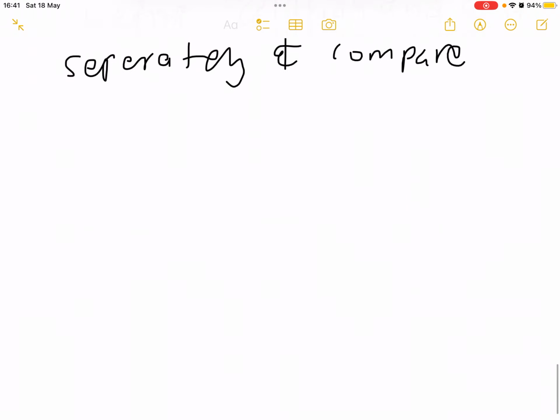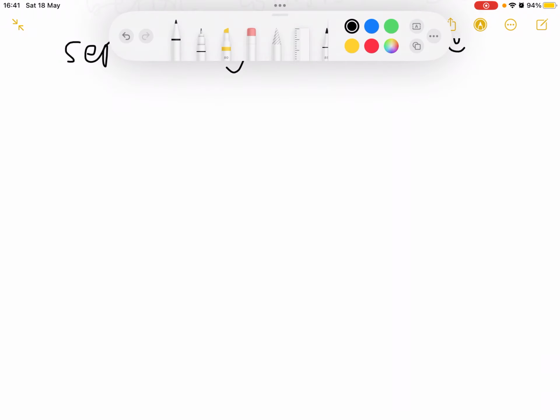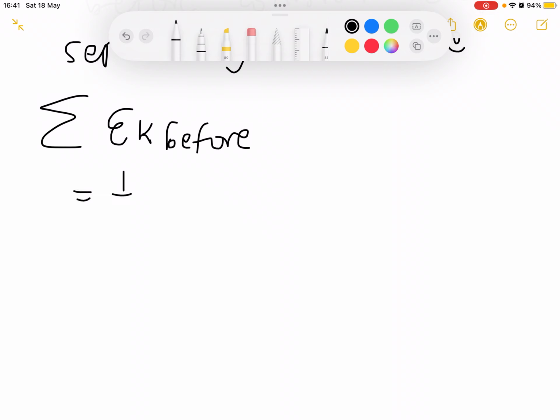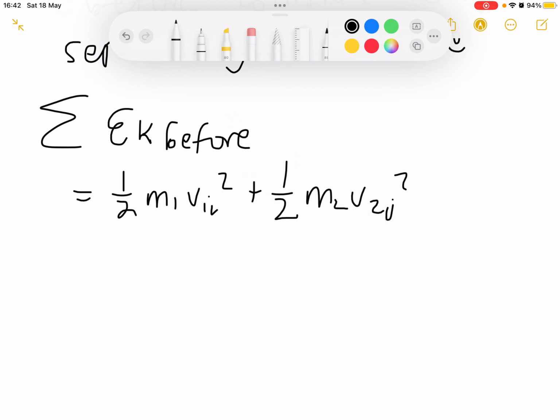So here, let's start with the sum of the kinetic energy before the collision. We already know the values, so we're going to go straight to the calculation. This will be half m1 v1 initial squared plus half m2 v2 initial squared.